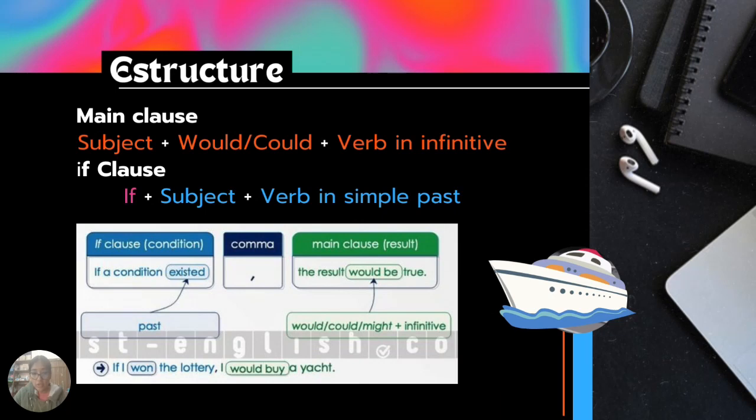Pay attention: when we start with the if clause, we always use a comma to separate the clauses. There is no need to use a comma when we start with the main clause.